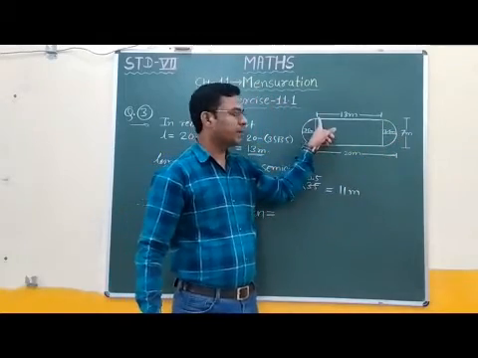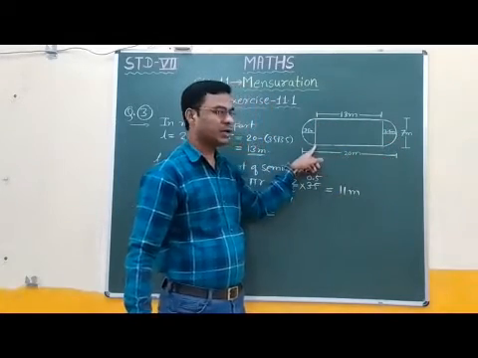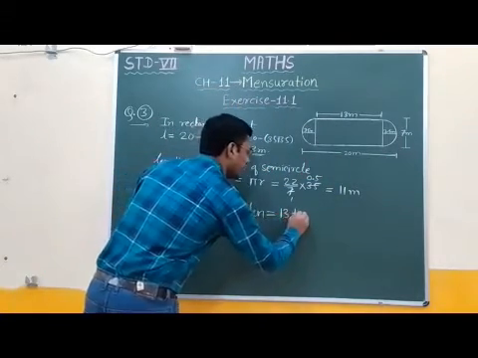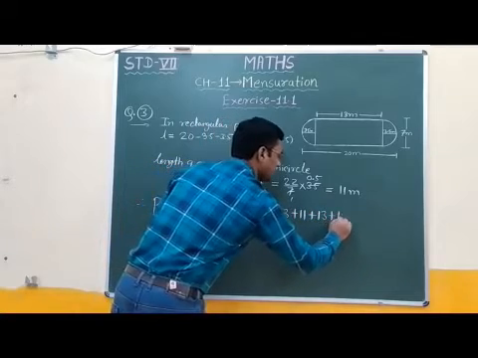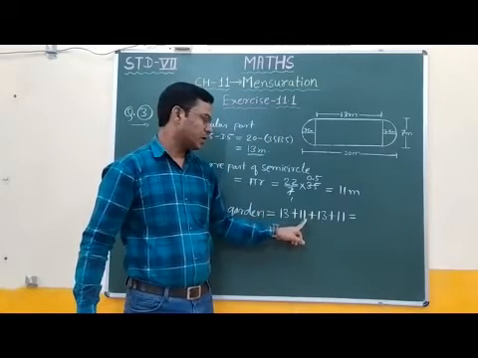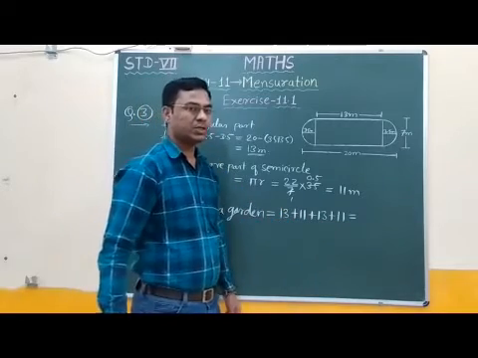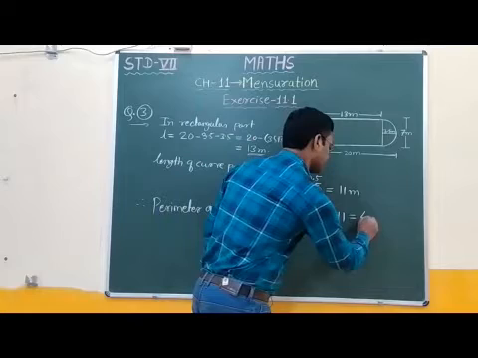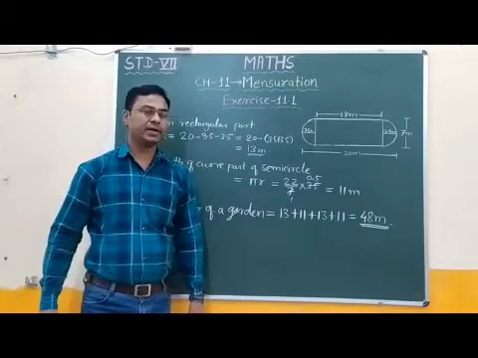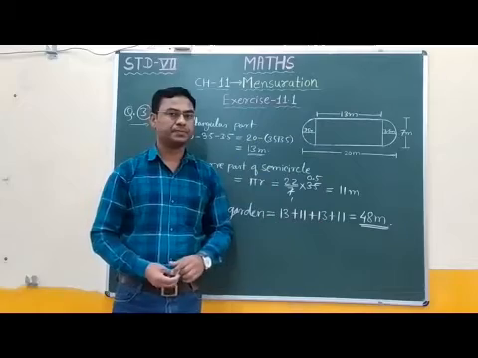I repeat, the perimeter of this garden is equal to 13 plus 11 plus 13 plus 11, which is equal to 13 plus 13, 26, and 11 plus 11, 22. 26 plus 22 is equal to 48. Therefore students, we can say that the perimeter of this garden is 48 meter.